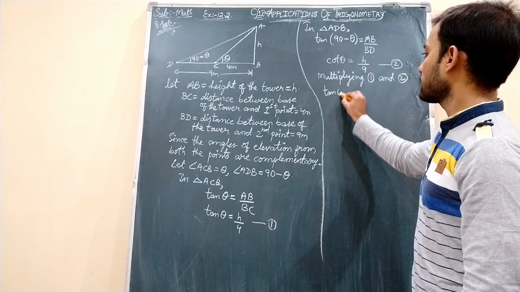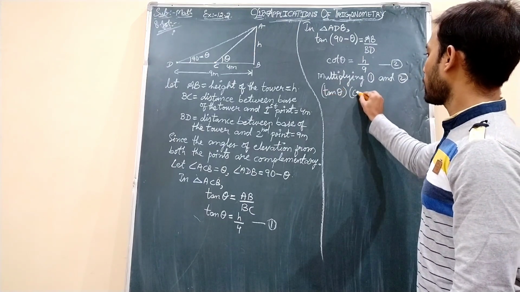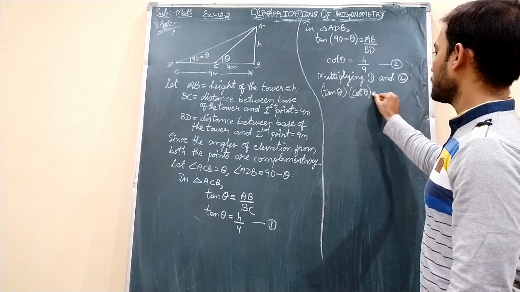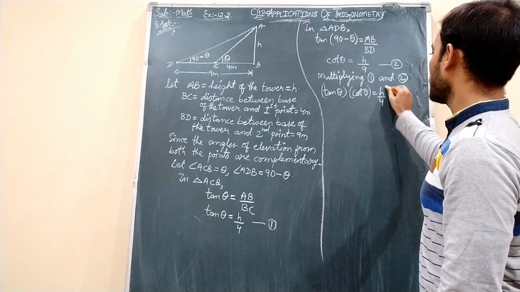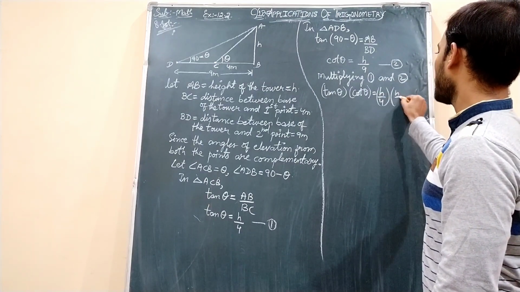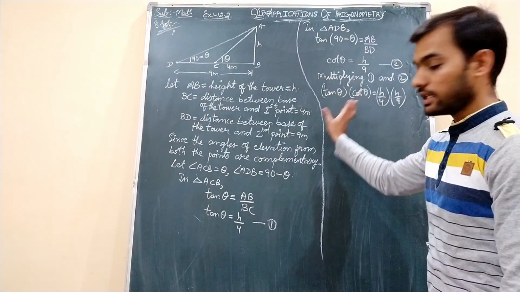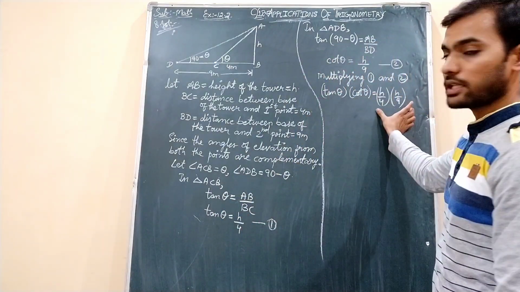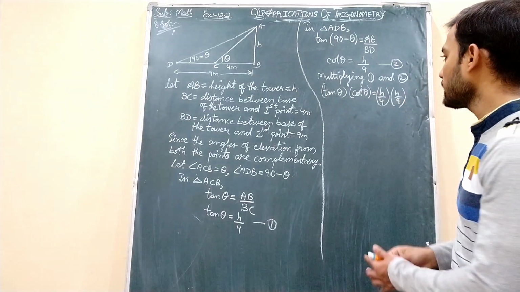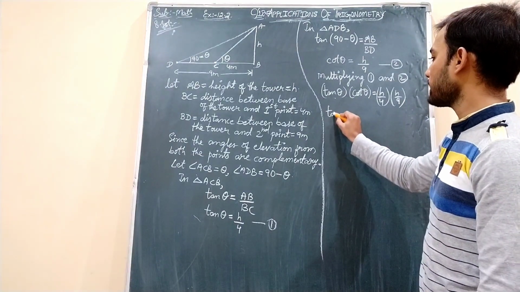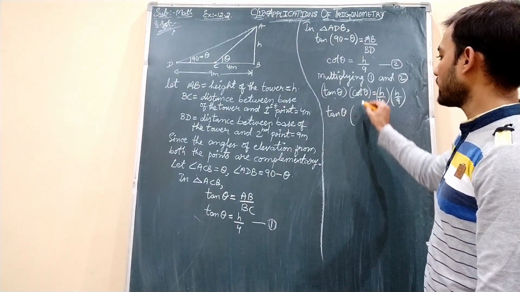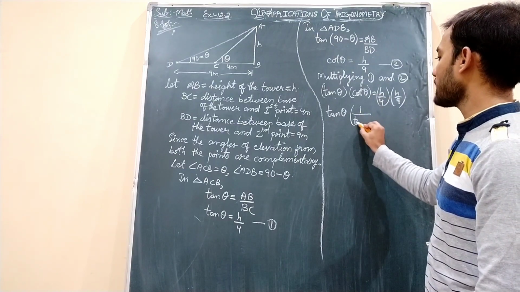Tan theta into cot theta equals h by 4 into h by 9. Left side parts get multiplied on the left side and RHS portions get multiplied on the RHS. Tan theta I'll keep as it is, and this cot theta can be replaced as 1 by tan theta, students.